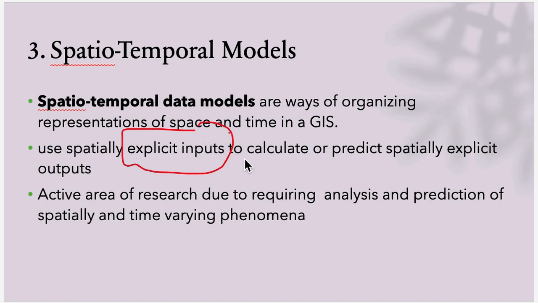When we use these inputs, this will help us predict our output, and for the demographic model, we want to predict the future population for the census tract. So that's one way to apply spatiotemporal data models. You can also use it to predict wildfire behavior. This is an active area of research due to requiring analysis and prediction of spatially and time-varying phenomena.